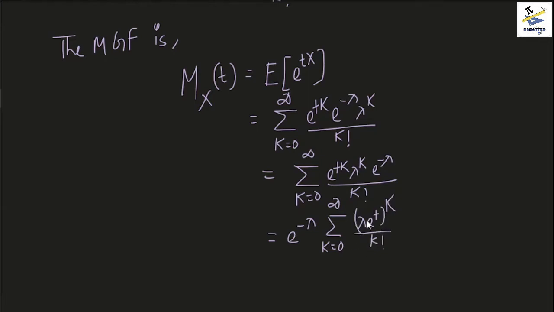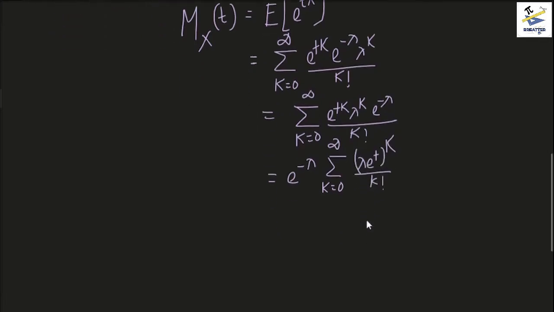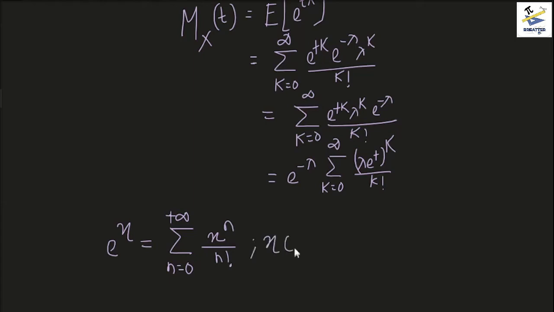And as we know the Taylor series for e to the power x is, since I have not mentioned it in this lecture, I'm going to just write it down once again. e to the power x is basically the sum of x to the power k over k factorial, for all x belonging to the reals.